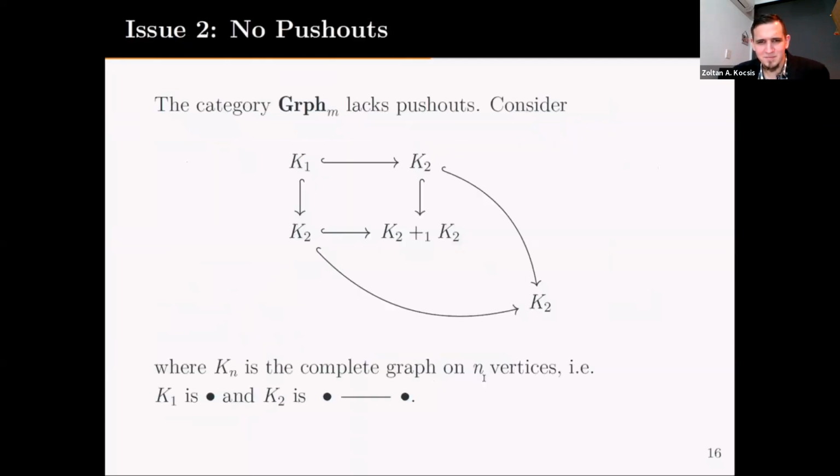You see, the problem is that the category graph M does not have push-outs, does not have enough push-outs. For example, the mediating morphism of this diagram is not a monomorphism. It's not a monomorphism because this graph has 3 vertices and K2, the edge graph, has only 2 vertices. So there cannot be a monomorphism between them.